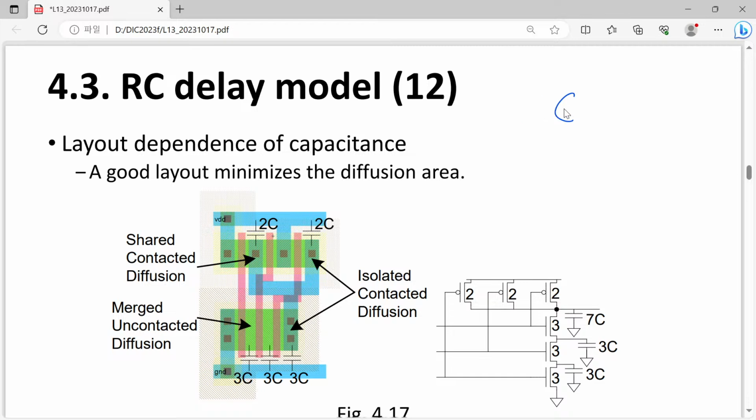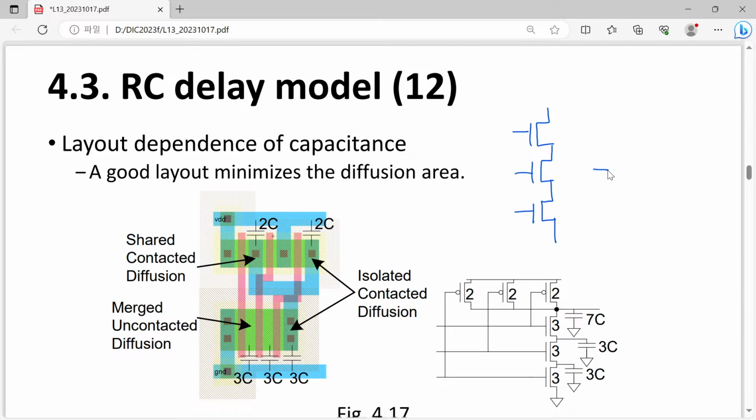At the end of our previous lecture, lecture 12, a student came to me and gave me a good question. Please think about this case. Here we have the pull down network of our 3 input NAND gate.